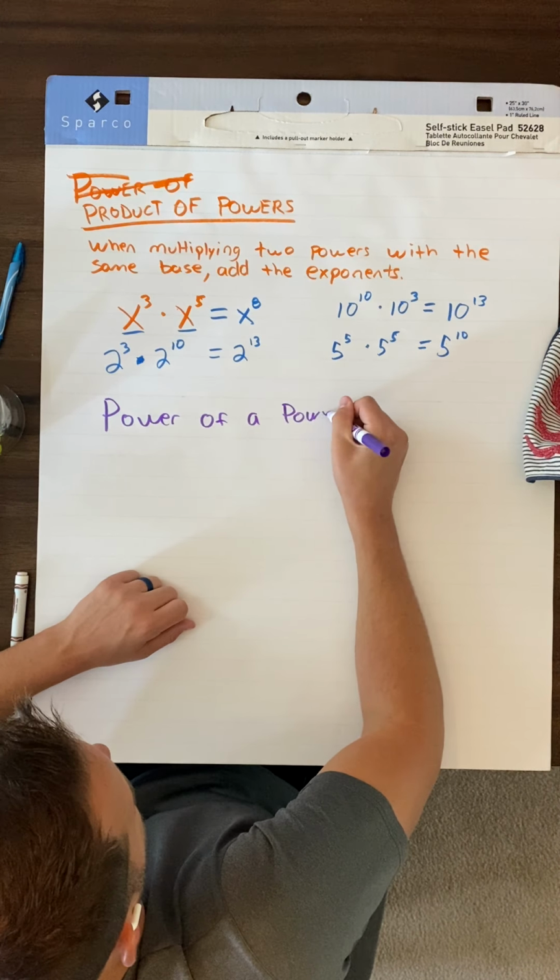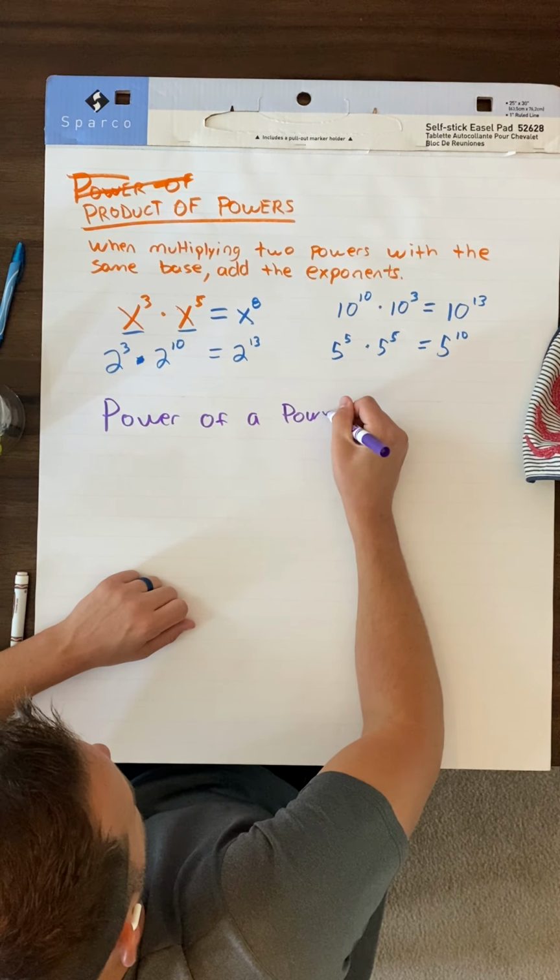To find a power of a power, we multiply the exponents.